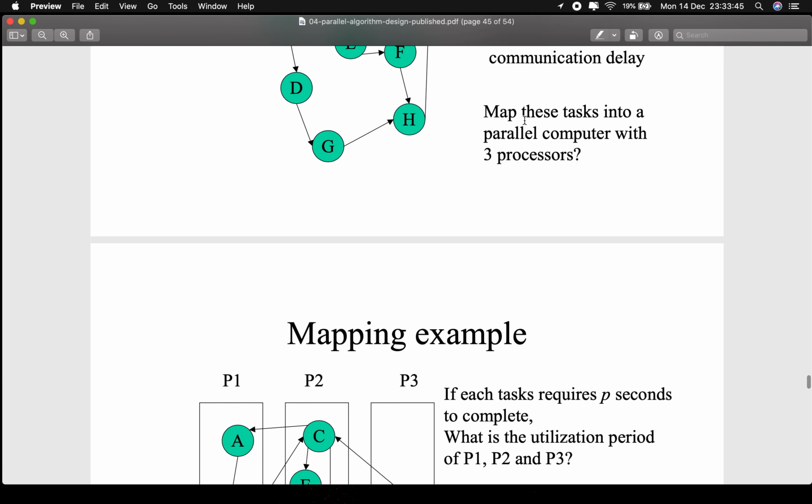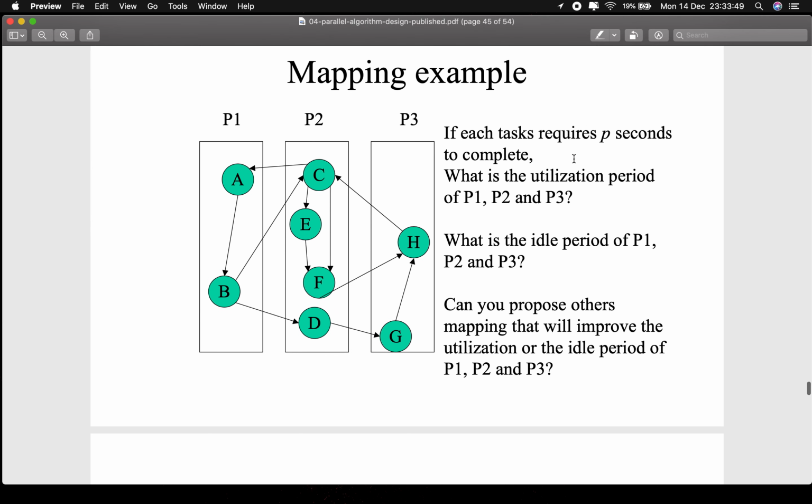Because it requires 3 processors, you represent them as P1, P2, and P3. If each task requires P seconds to complete, what is the utilization period of P1, P2, P3? What is the idle period of P1, P2, P3?